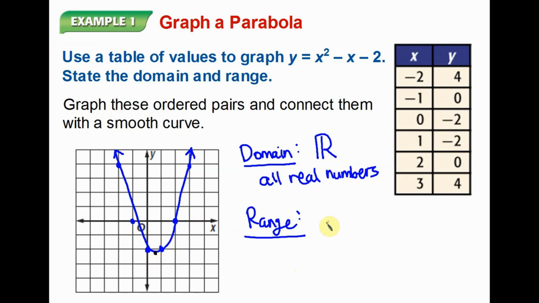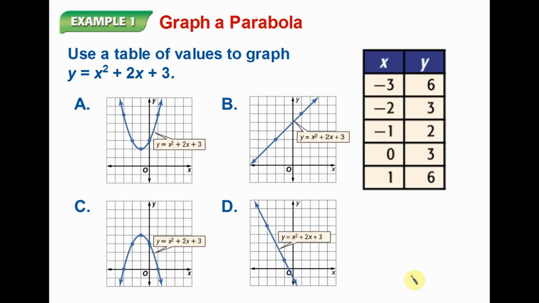However, I can assume y has to be always greater than or equal to about negative 2, let's say between 2 and 3. It should be very small because it's not even half. This will be my set of y values. In other words, I can have any y values that are above this point, but it will never come back down.